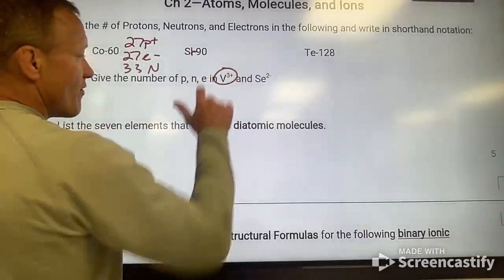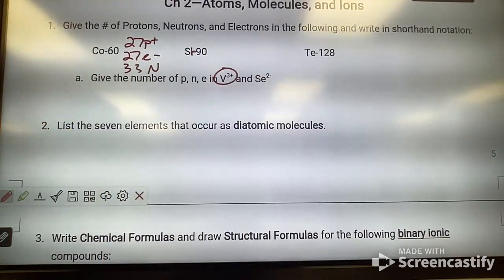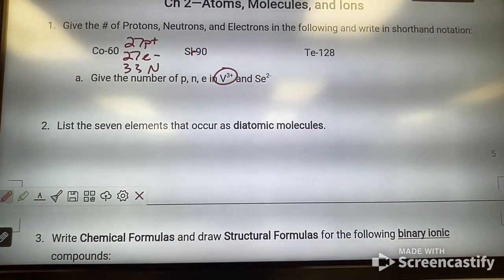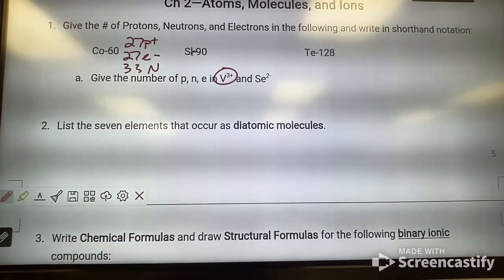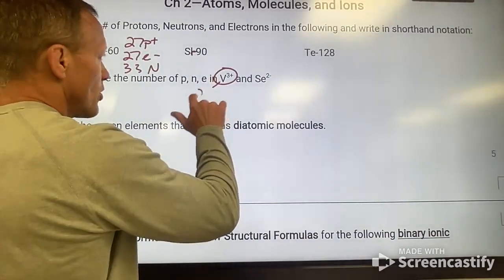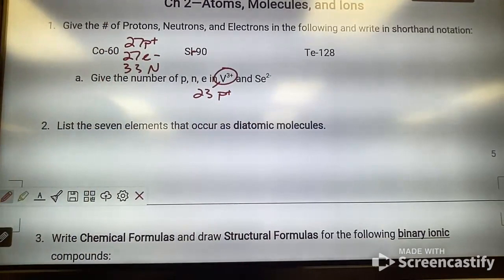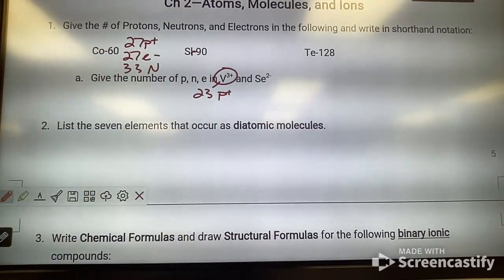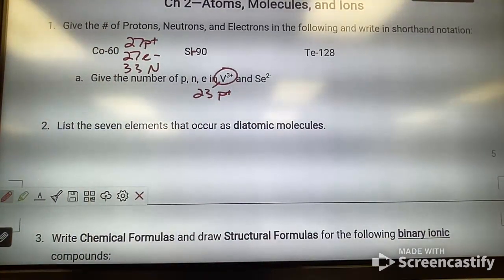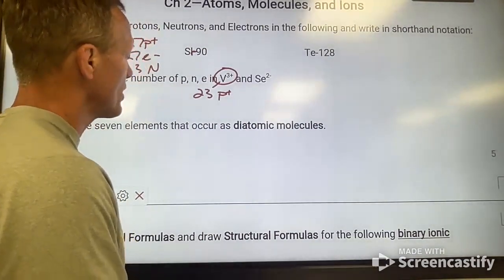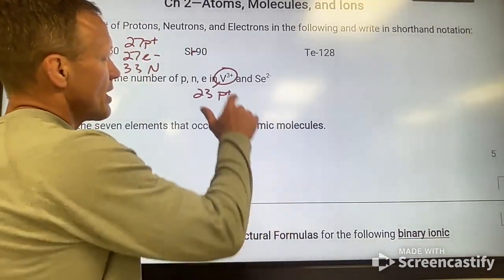Let's say we have vanadium with a positive 3 charge. So if I have vanadium in the periodic table, and it is element number 23, so it's got 23 protons. That never changes for any element. Its mass number is 50.9, so 51, and it has a positive 3 charge.